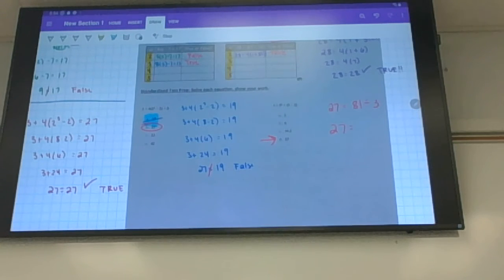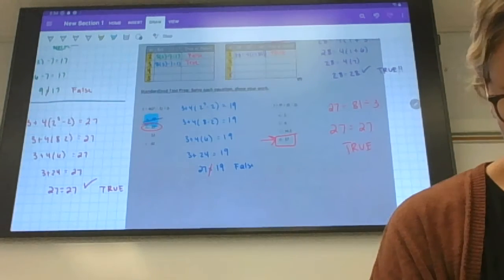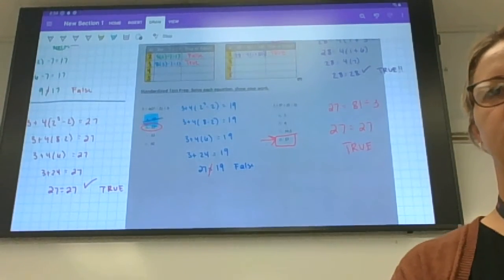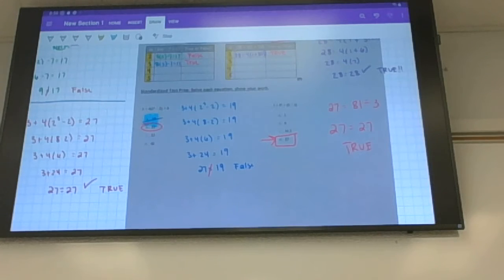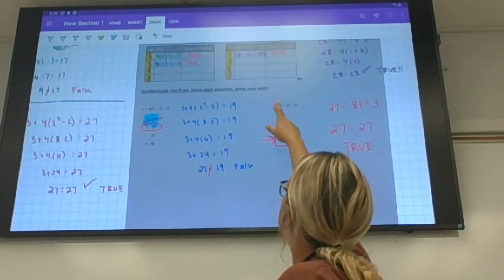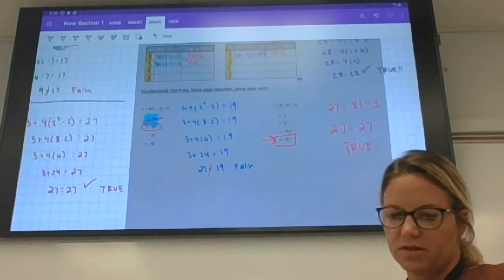Does 27 equal 27? True. You can see some order of operations questions there. So this time we took this value out and tried these, but we jumped to the right answer just to save time.